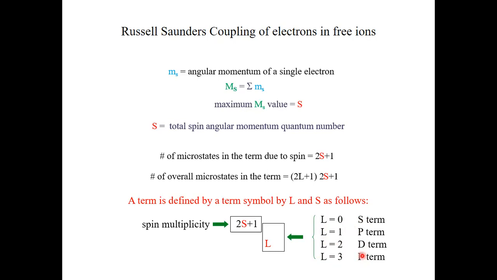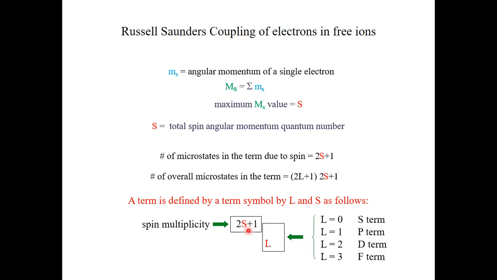You see that this nomenclature goes in analogy to what is used for orbitals. Like in an s orbital, little l would have to be 0. In an S term, capital L has to be 0, and in a P term, capital L needs to be 1, and so forth.